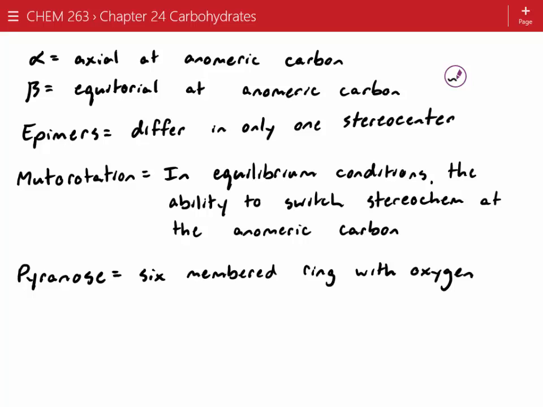Sometimes we don't have carbohydrates that can form six-membered rings. What's the other preferred ring size? 5. So in that case, we run into furanoses. And these are 5-membered rings with oxygens.